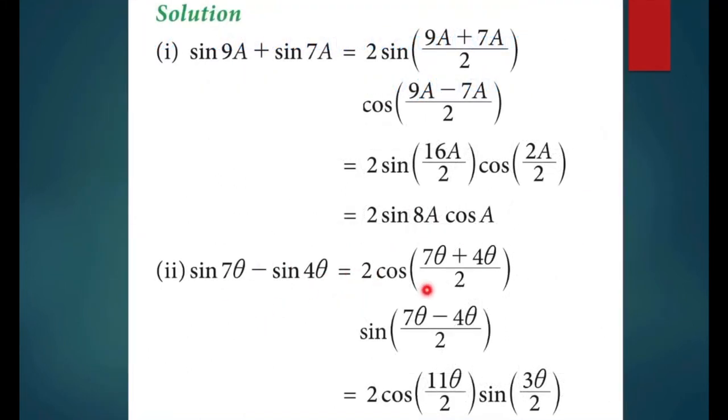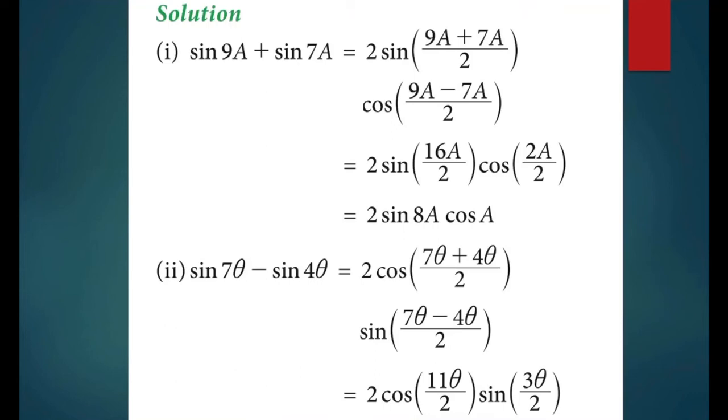So I can write it as 2 cos (7 theta plus 4 theta) by 2 sin (7 theta minus 4 theta) by 2. While adding I get 11 theta by 2, here 3 theta by 2. So you have to choose the correct formula and learn all the formulas by heart, then only you can solve the problems easily.